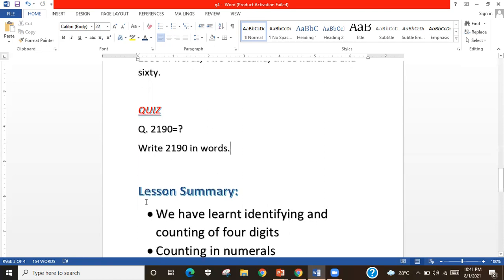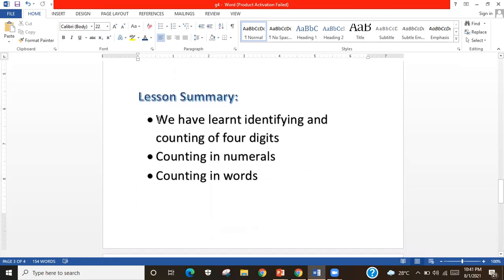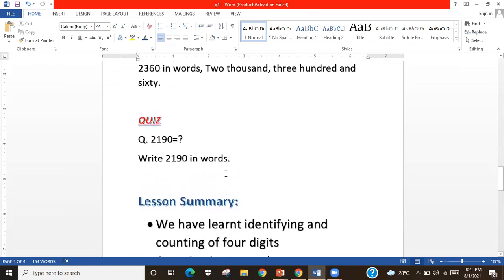So the lesson summary is: today we have learned identifying and counting of 4 digits. We have learned counting in numerals and also counting in words. Today we learned 3 things: identifying 4 digits, how we count them, and how we count them in numerals and in words.